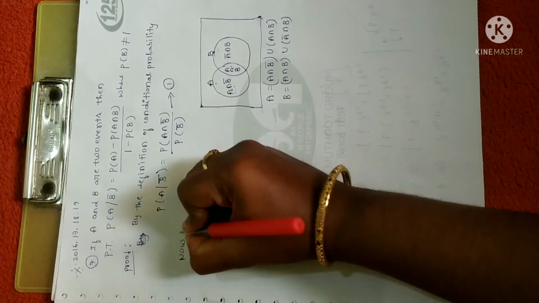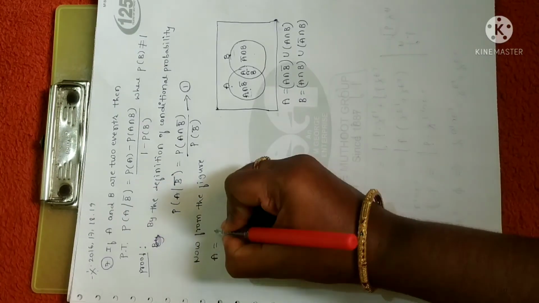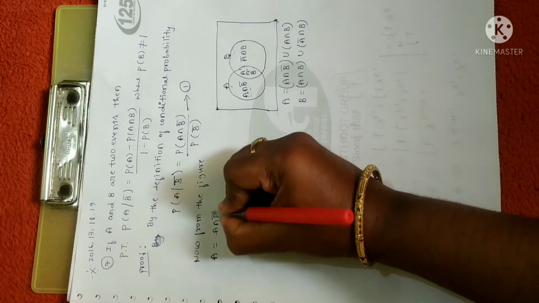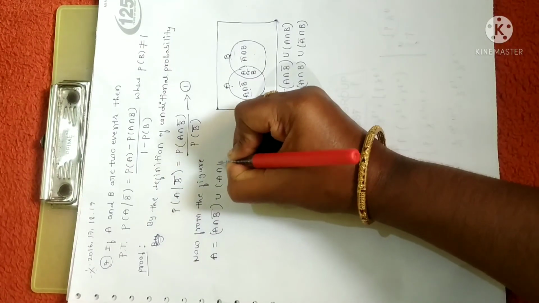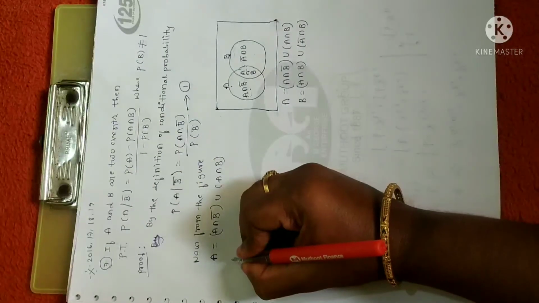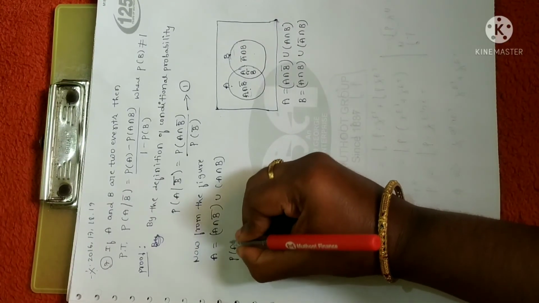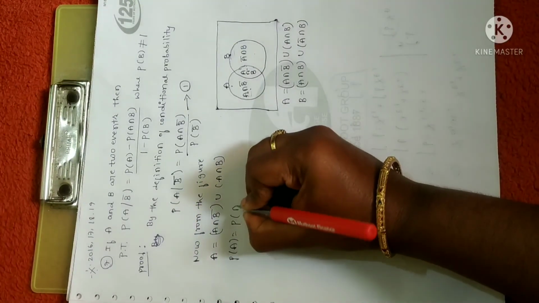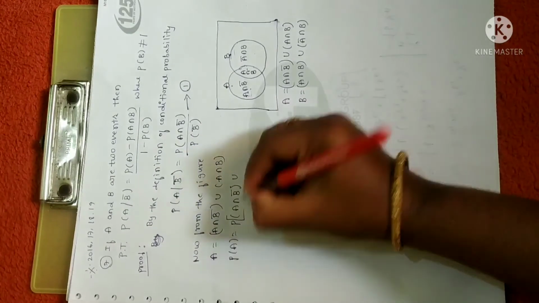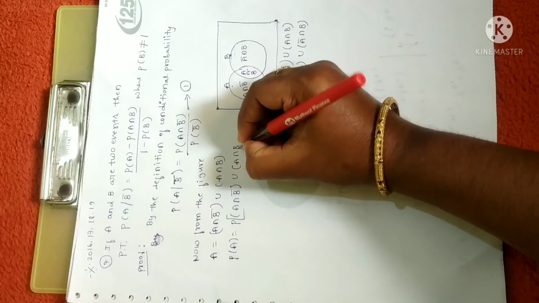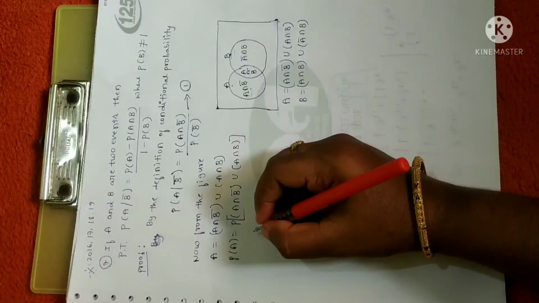Now from the figure, as I already told you, A can be written as A intersection B bar combined, that is union, with A intersection B. Now let me take probability on both sides. So you will get probability of A is equal to probability of A intersection B bar union A intersection B. I have taken probability on both sides. Fine.